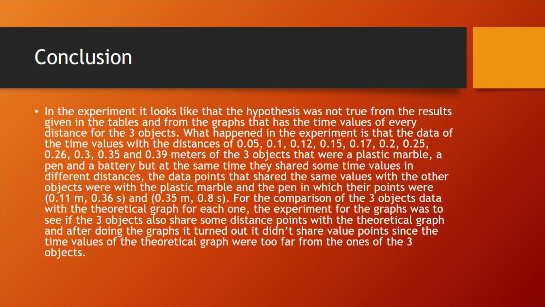In conclusion, in the experiment it looks like the hypothesis was not true, from the results given in the tables and from the graphs that have the time values of every distance for the three objects. What happened in the experiment is that the data of the time values with the distances of 0.05, 0.1, 0.12, 0.15, 0.17, 0.2, 0.25, 0.26, 0.3, 0.35, and 0.39 meters were taken for the three objects that were a plastic marble, a pen, and a battery.